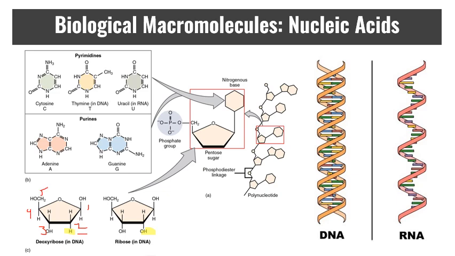The second carbon determines whether it's deoxyribose or ribose, and that is what separates the D from the R. Another difference is that DNA is typically double-stranded, where RNA is typically single-stranded, but that is not the be-all, end-all, so I wouldn't use that as the major separator.